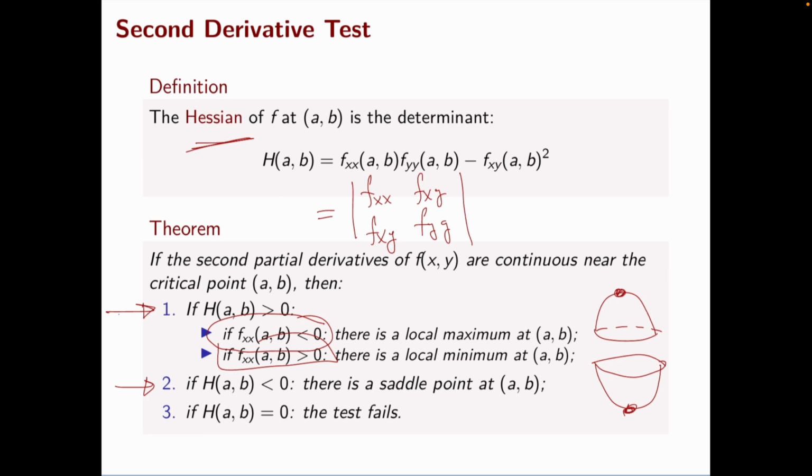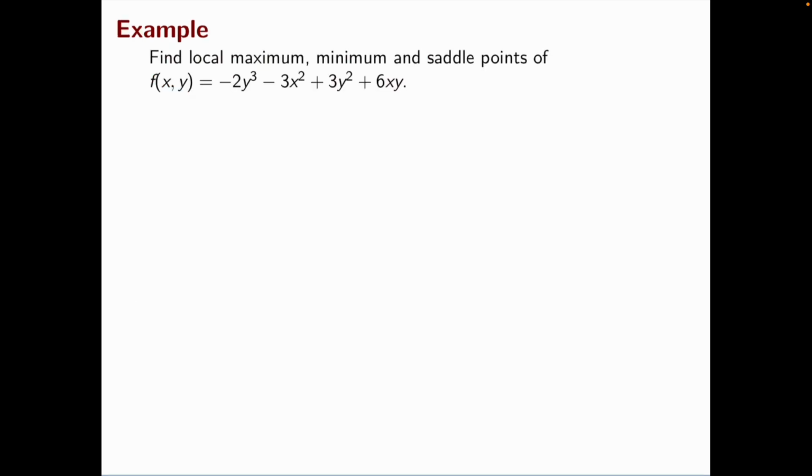So in order to decide that, we look then at the second derivative with respect to x. And in case that the Hessian is equal to 0, well, the theorem doesn't say anything in that case. So this test is not good for that case. We need to decide what that point is by other methods, but we cannot decide by this theorem.